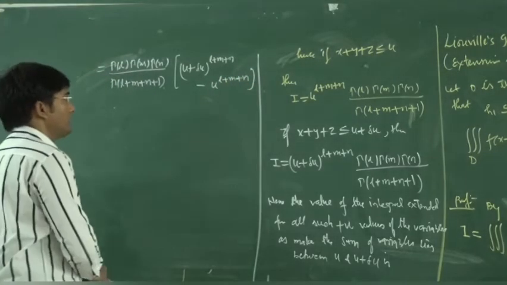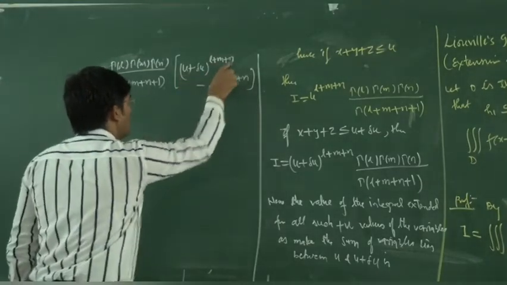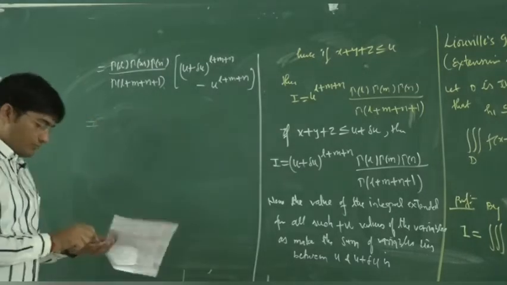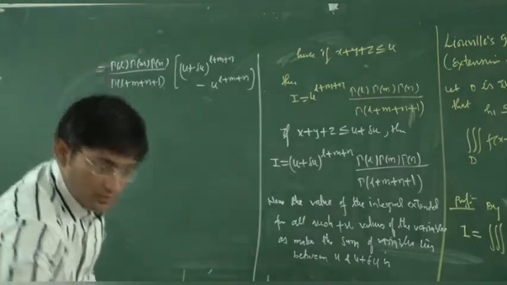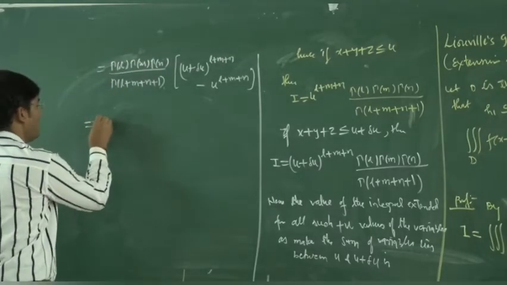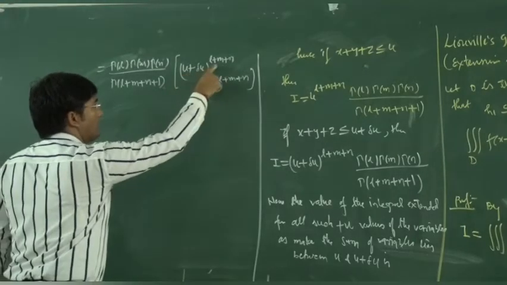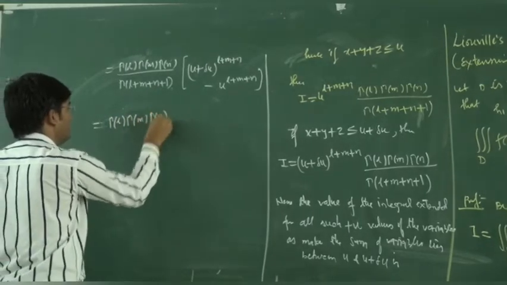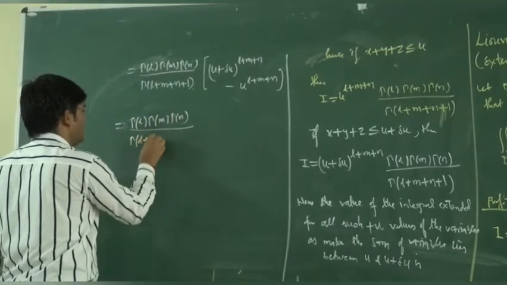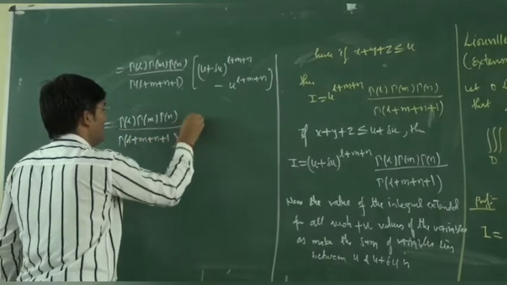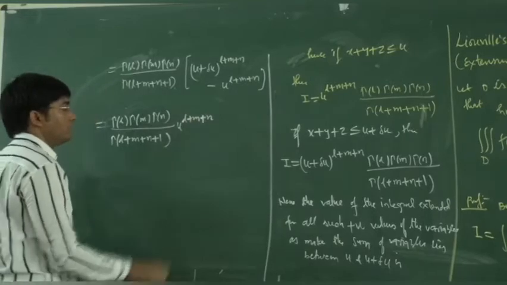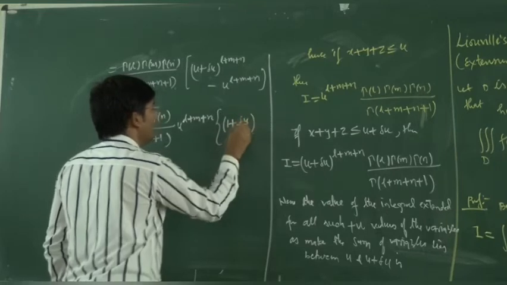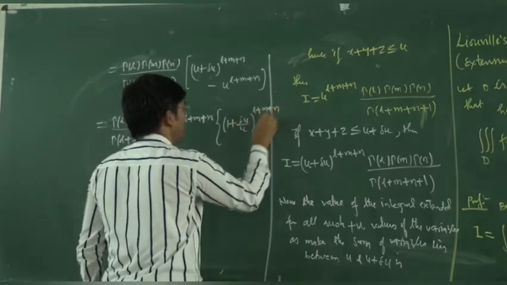Now again, let us take this u power L plus m plus n common. So if you take u common, then we have u power L plus m plus n common, so we have gamma L, gamma m into gamma n divided by gamma L plus m plus n plus 1, then we will have u power L plus m plus n, then in the bracket we will have 1 plus delta u upon u power L plus m plus n minus 1.